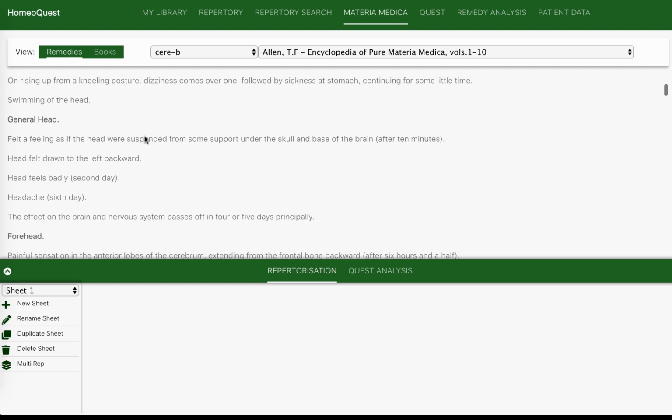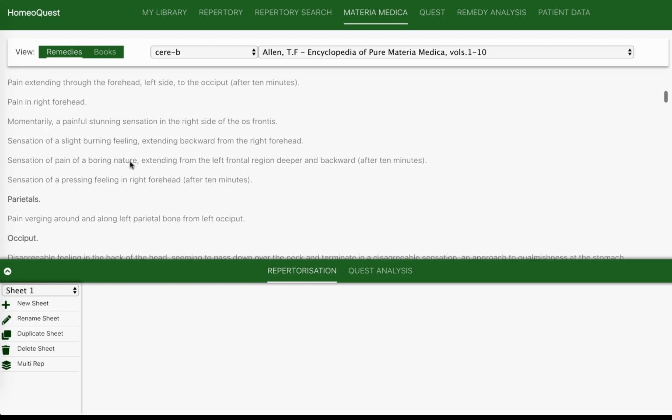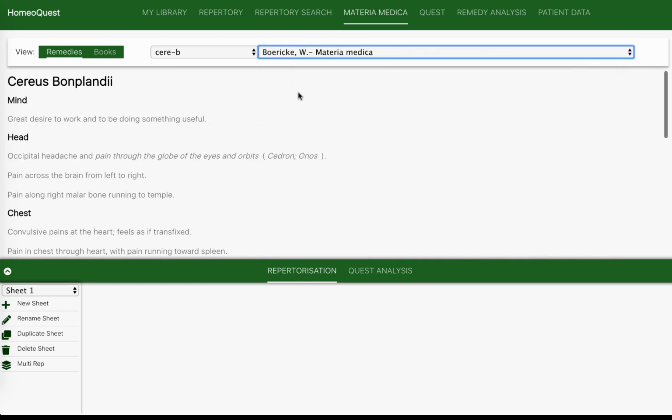Feeling as if the head was suspended from some support under the skull, felt drawn to the left backwards. Interesting. I like that, desire to work and be doing something useful. Look at that. Occipital headache, pain through the globe of the eyes and the orbits. That is spot on there.